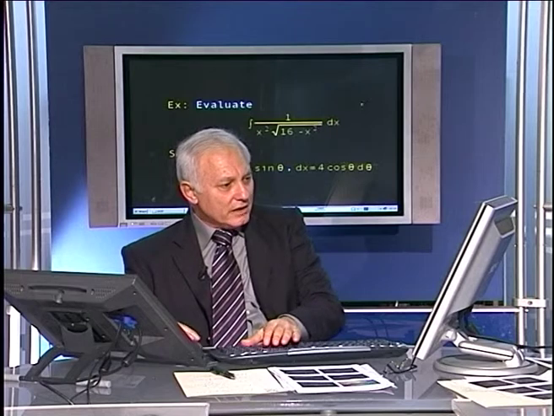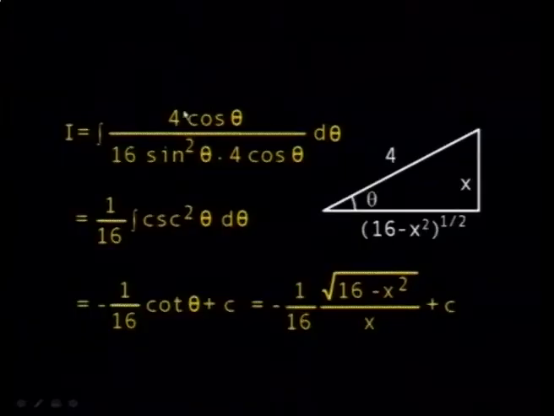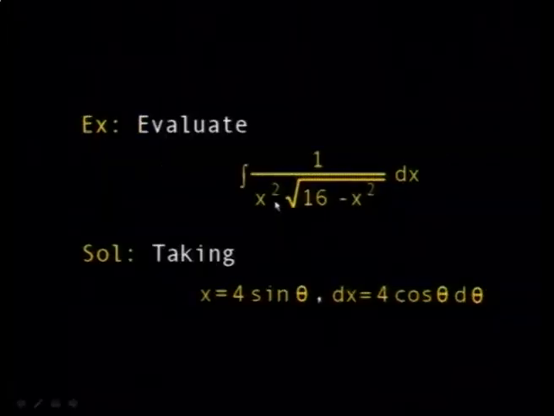Now here, once you do this, what do you get? In the numerator you get dx. Since x is equal to 4 sin theta, then dx is equal to 4 cosine theta d theta. And let's go back to the slide here: you replace x squared by 16 sine squared theta, while you replace 16 minus x squared by 16 minus 16 sine squared theta, so you get 4 cosine theta.